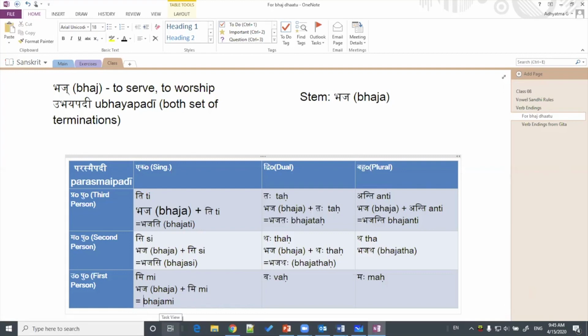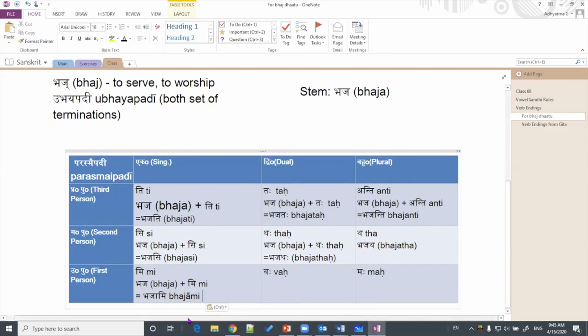So the way it would become bhajāmi, and it becomes bhajāmi.